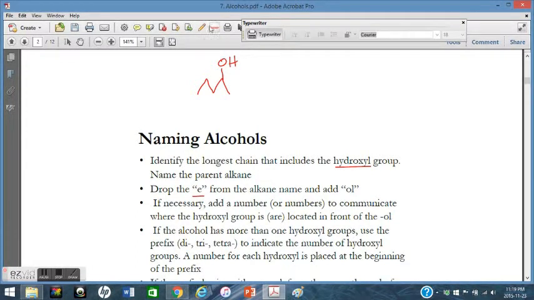This is at the 2nd carbon position. And so this is going to be pentan-2-ol. We drop that E because after the 2, there's a vowel.